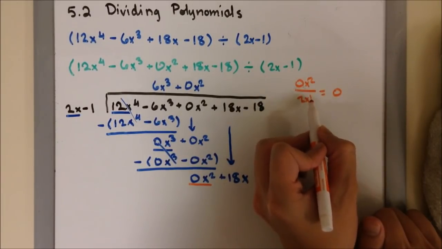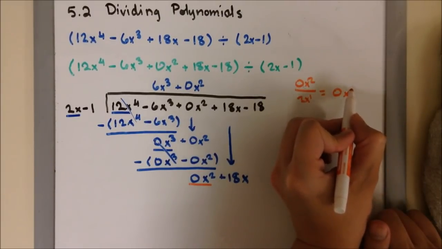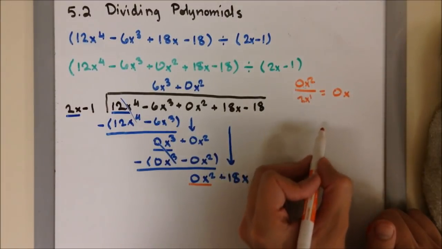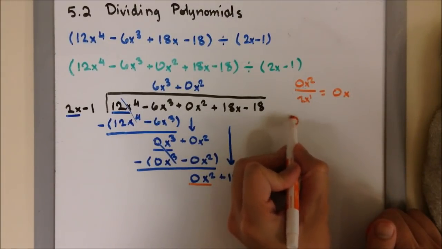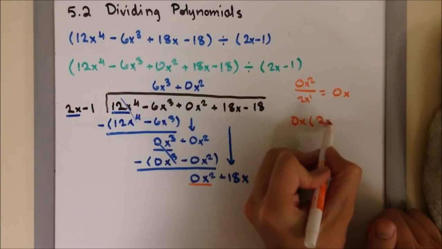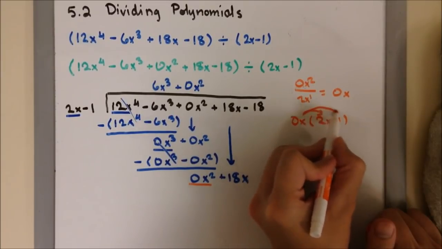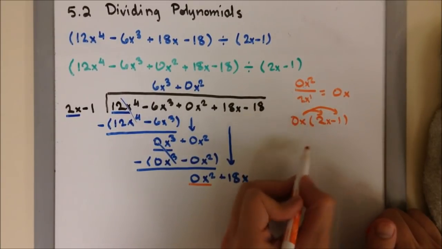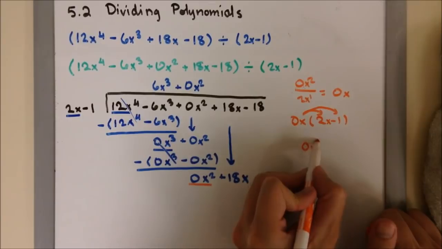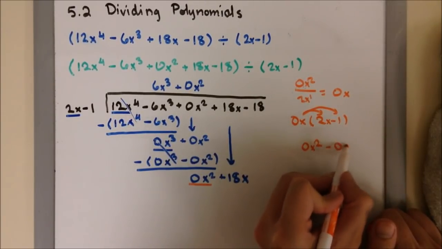X squared divided by x to the 1 power, simply we're going to subtract the exponent, so x. Now if it's to the 1 power, then you don't have to write it. Just leave it as an invisible 1. Next I'm going to multiply 0x to my divisor, 2x minus 1. So 0x times 2x will be 0x squared. 0x times negative 1 will be negative 0x.